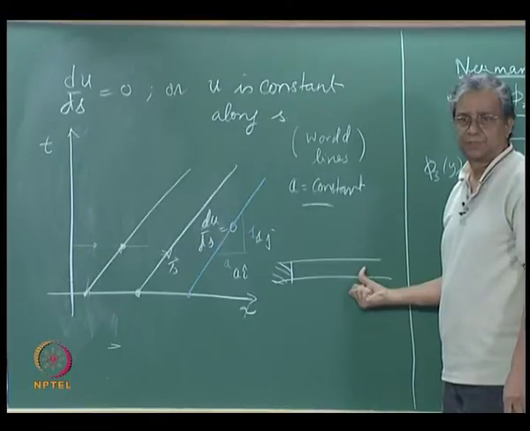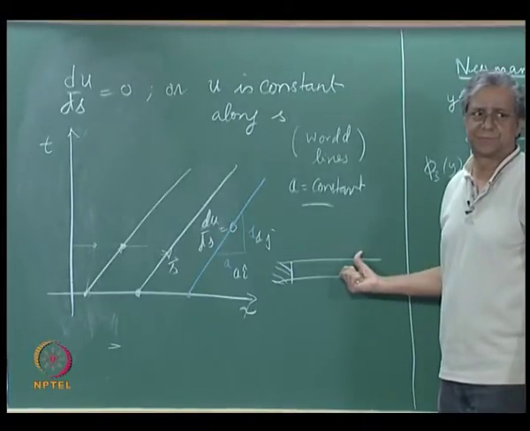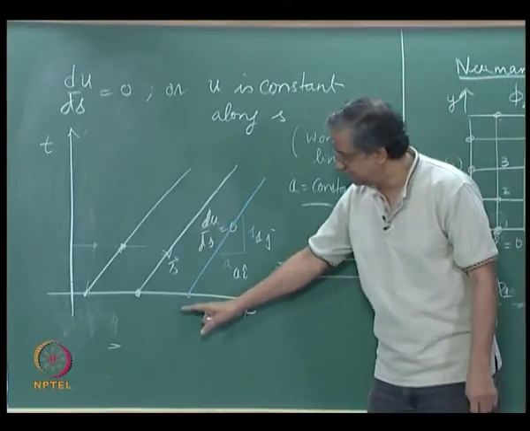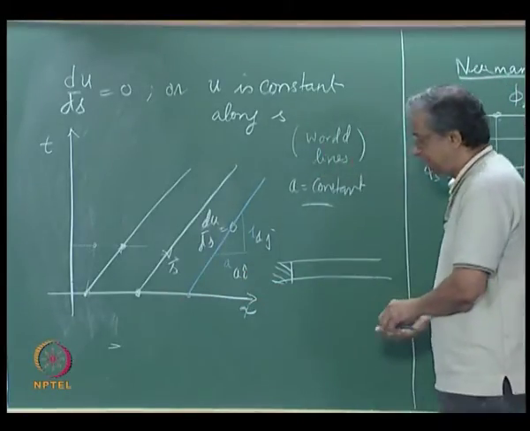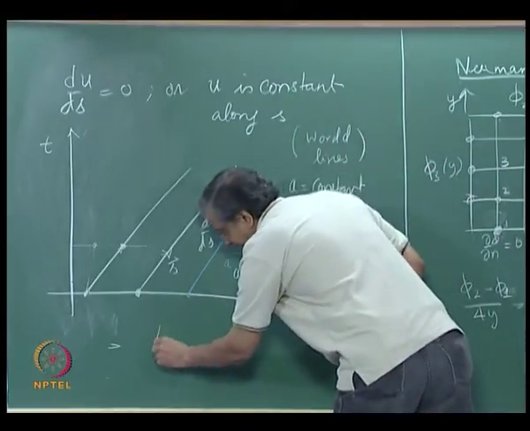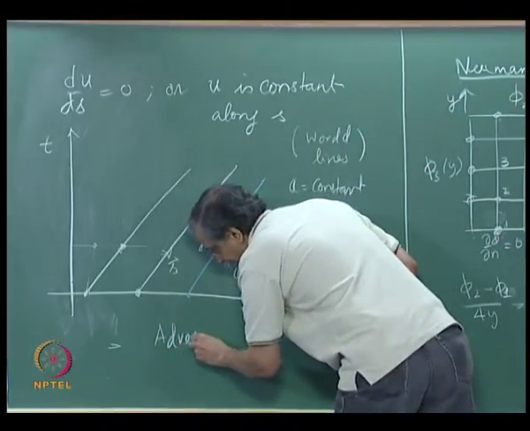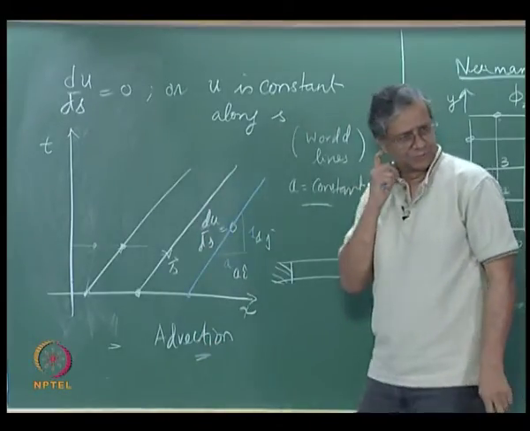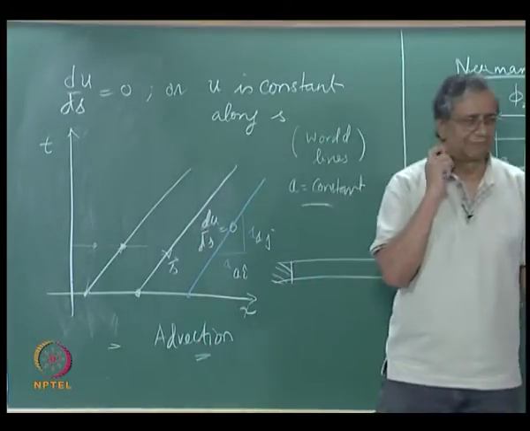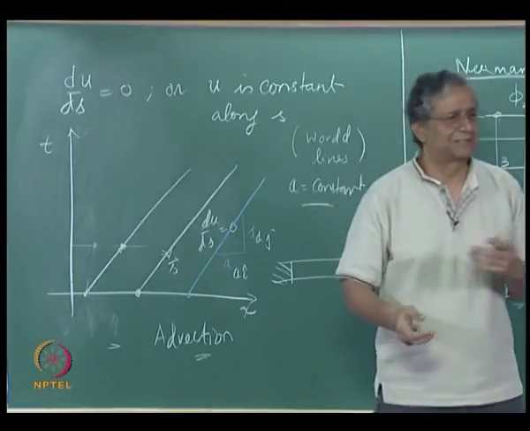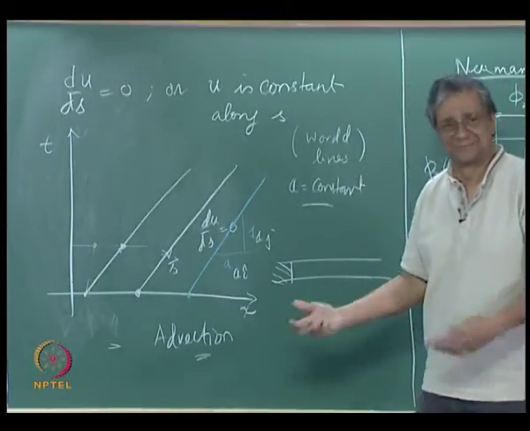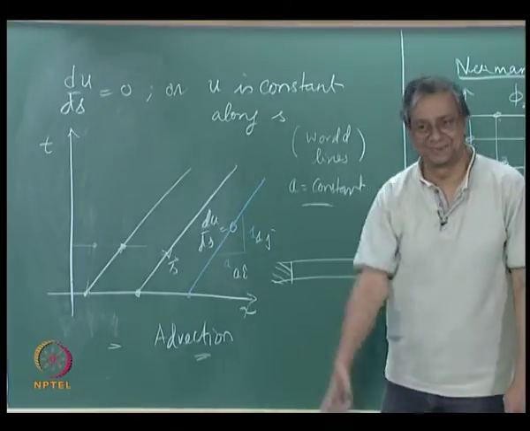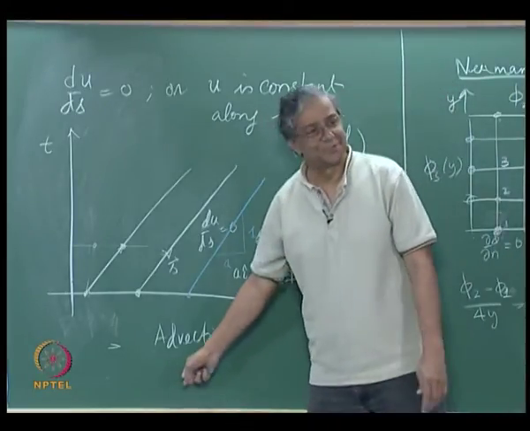Is that fine? It is a very simple equation, but what it does for us is it picks up this property called advection. We use the term advection because, for historical reasons, convection is already used up by the convective heat transfer people, so just so that there is no confusion at future times, we will introduce the term advection.